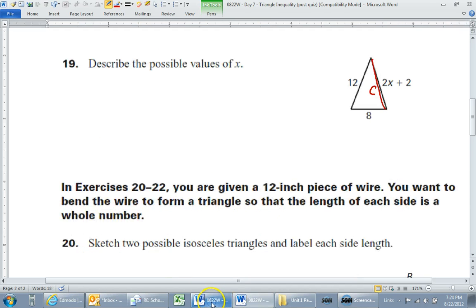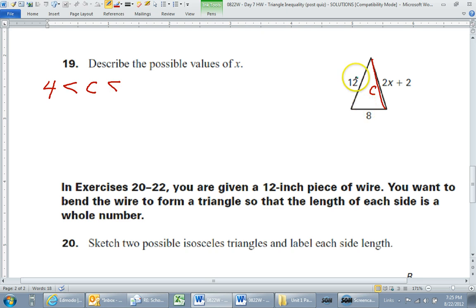Now, looking back at the homework here, the two sides we're given are 8 and 12. So if I want to get the lower limit, once again, I would subtract these. So what's 12 minus 8? Yeah, that's 4. So the lower limit is going to be 4. So 4 is less than C, which is less than.